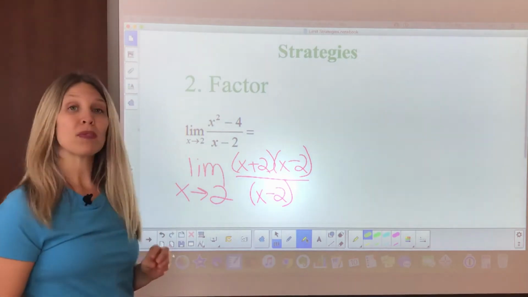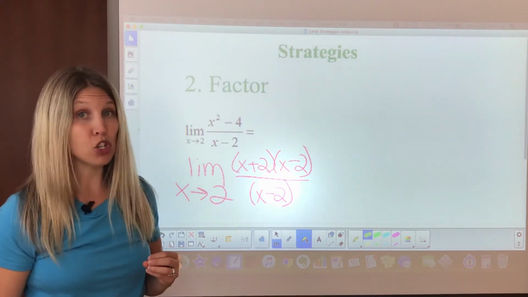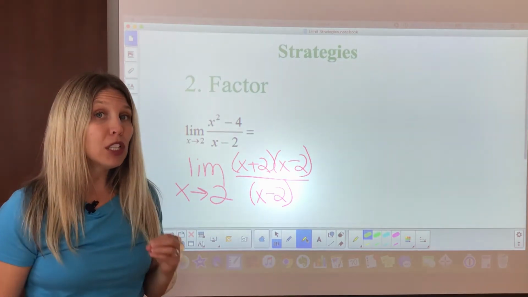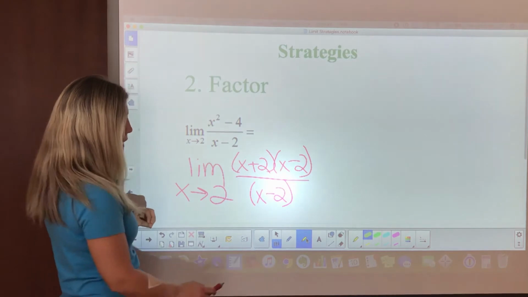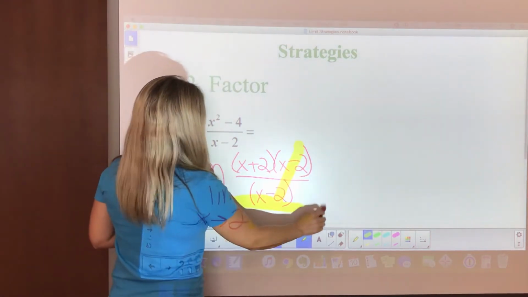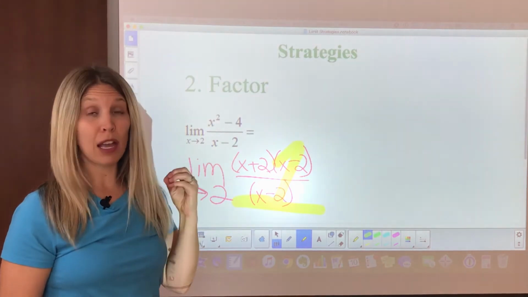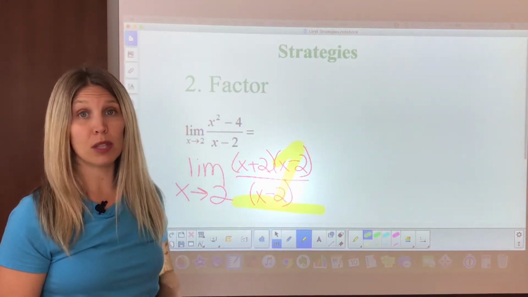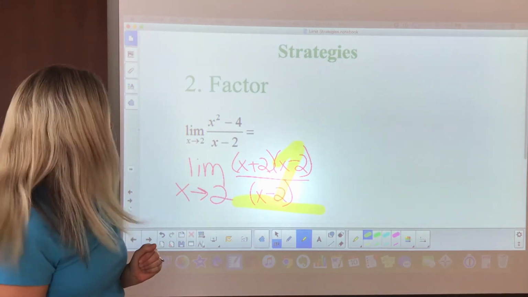Because I'm going to show you here our little trick. Anytime you multiply by 1, your problem doesn't change. So hopefully you saw a 1 in this problem disguised. Do you see it? This is a big old 1. When you have the same value in the numerator and the same value in the denominator, you have a value of 1.